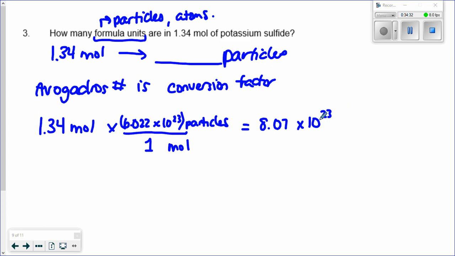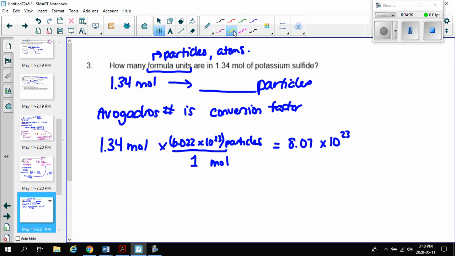So 8.07 times 10 to the power of 23. Again, moles have canceled, so we're left with particles, which I'm going to just switch back to formula units because I don't know why I ditched that suddenly. So formula units in 1.34 moles of potassium sulfide.